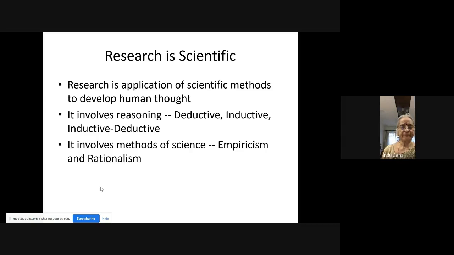Very simple. Empirically, you can look at everything. That means whatever you see, whatever observations you make, whatever knowledge you gain as a result of all your observations is empirical. Very simple. So any knowledge you acquire based on the observations you have made is empirical knowledge.